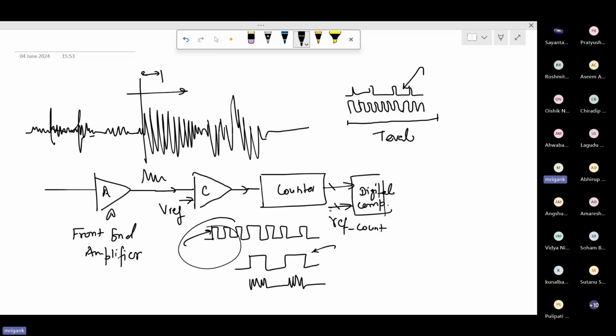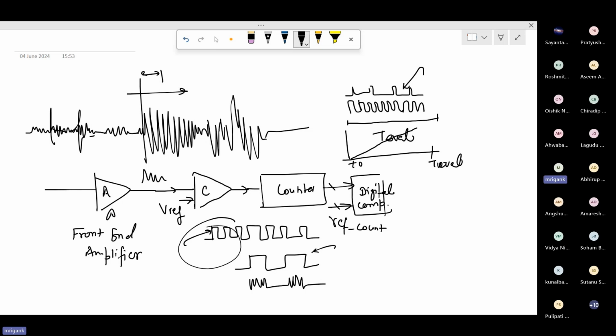Because ultimately, within a given period from T eval, you started the counter operation. So if I plot the digital value of the counter, starting from T equal to 0 to T equal to T eval, the counter will start counting from 0. It will go on increasing, increasing, increasing. This is the output, like a 4-bit digital word, whatever, an 8-bit counter, then an 8-bit digital word.